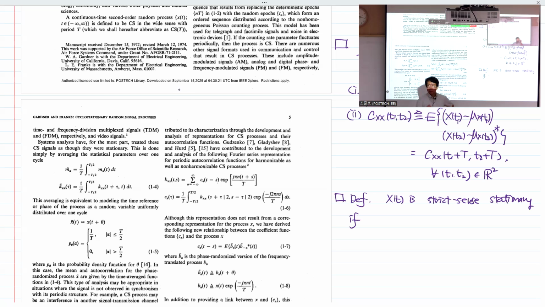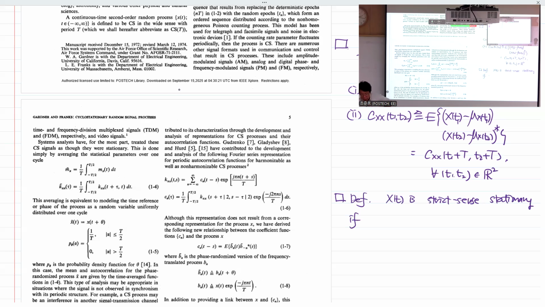So whenever you want to define strict sense something for a random process, you have to go back to Kolmogorov's approach to define a random process. And Kolmogorov used what? The first order, second order, third order, fourth order, any nth order CDF or PDF or characteristic functions to handle full characterization of a random process.